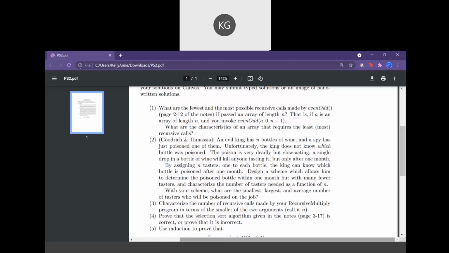A single drop in a bottle of wine will kill anyone tasting it, but only after 1 month. By assigning n tasters, one to each bottle, the king can know which bottle is poisoned after 1 month. Design a scheme which allows him to determine the poisoned bottle within 1 month, but with many fewer tasters, and characterize the number of tasters needed as a function of n. With your scheme, what are the smallest, largest, and average number of tasters who will be poisoned on the job?